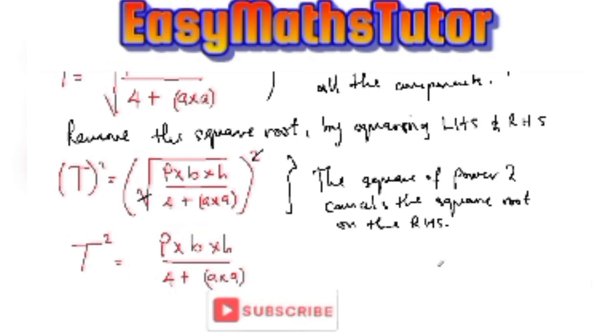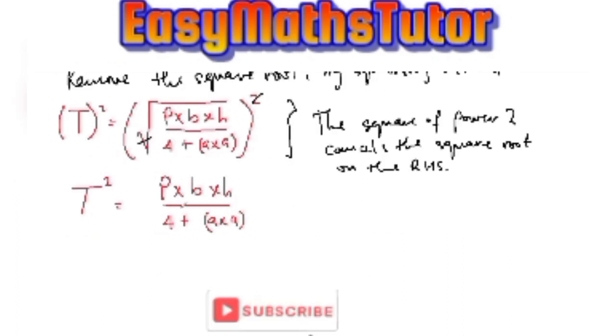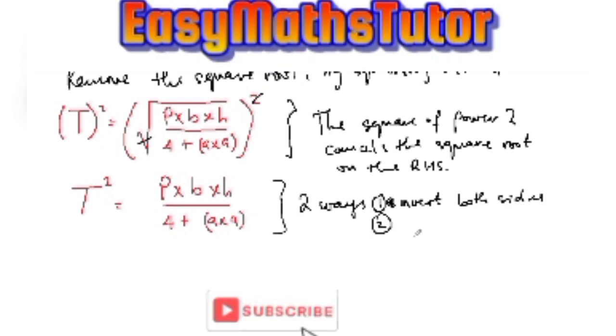Now the next point is to move all the elements from the right hand side gradually until we get only a on one side. There are two ways that we can do this. The first way is by flipping over the expressions, and the second way is by multiplying both sides by 4 plus a square.